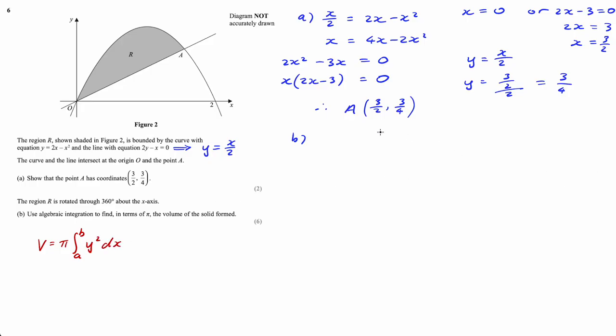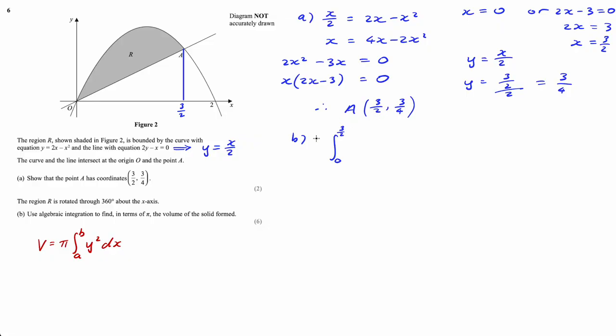So we'll do the volume from A to B. A is 0 because we're going from here to here. We're going from 0 to A, that is 3/2. So from 0 to 3/2.